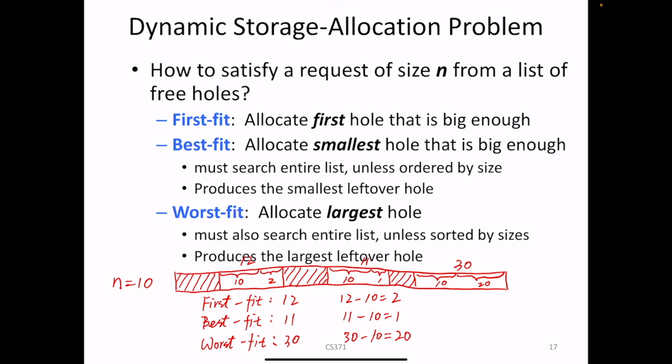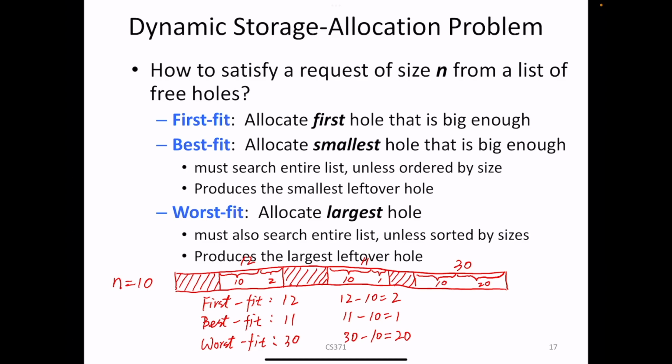The second one is called best fit, which allocates the smallest hole that is big enough to hold the process. But this one may require searching the entire list unless the list is already ordered by size. And this one will produce the smallest leftover hole. The leftover hole means the free hole minus the size of the process.